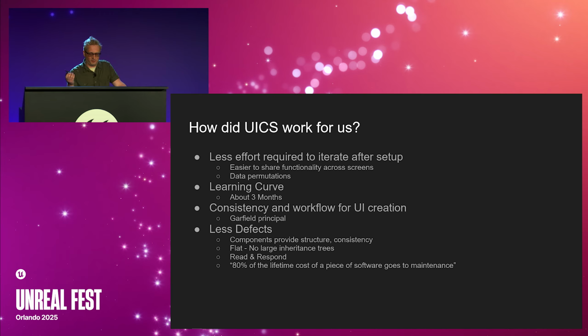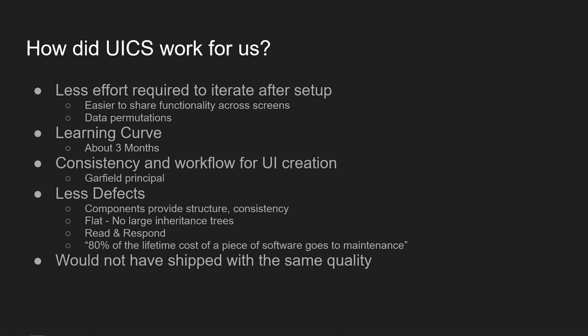And this is good from Epic's own documentation: 80% of the lifetime cost of a piece of software goes to maintenance. When talking to the Midnight Suns team, we all agreed that we wouldn't have been able to ship with the same quality for the UI without this kind of system.